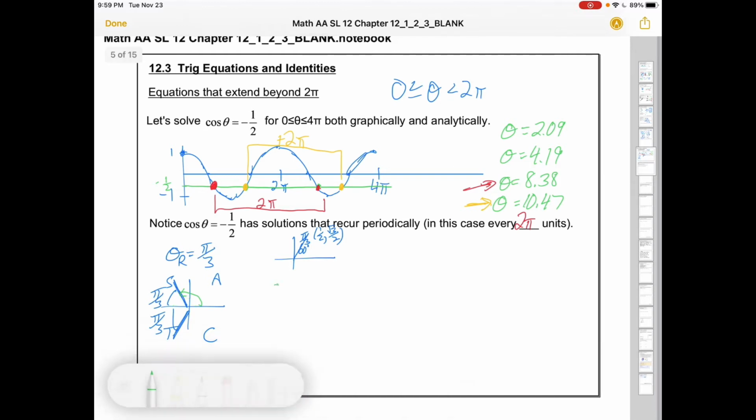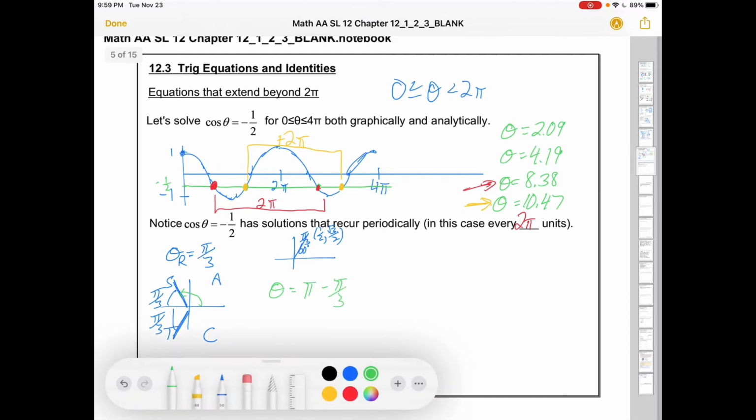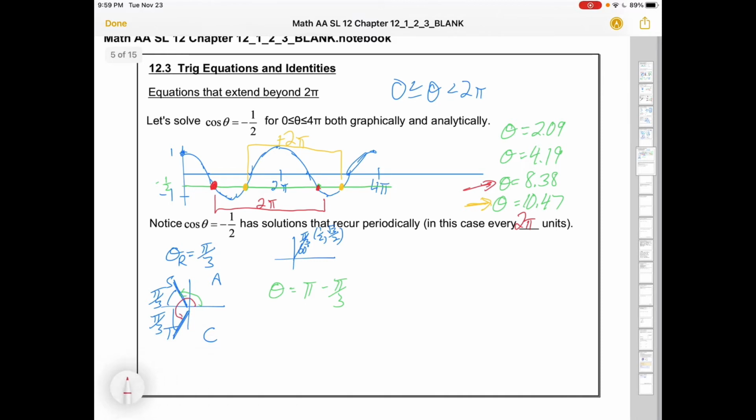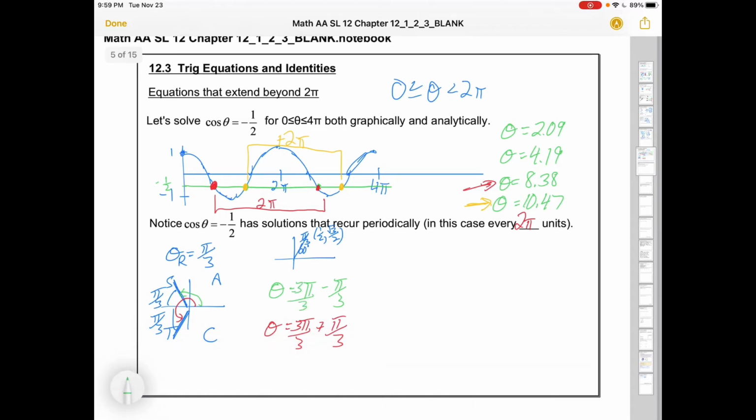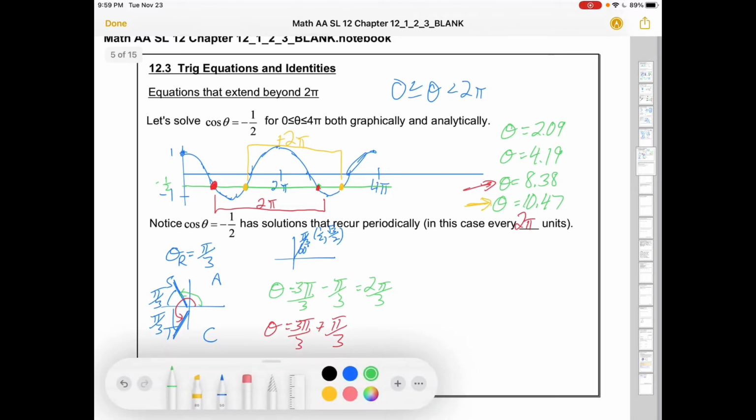So the first one, pi minus pi over 3. The other one that I see there is going to be pi plus pi over 3. Okay? And in both these cases, we just go to a common denominator, and we can find our sort of reduced version. So 2 pi over 3 and 4 pi over 3.